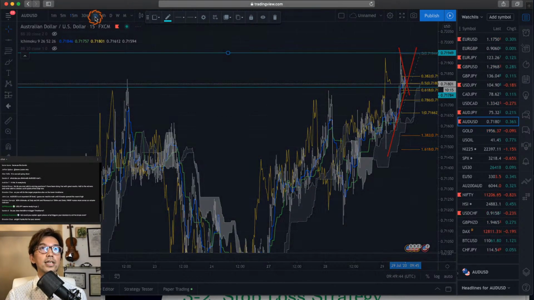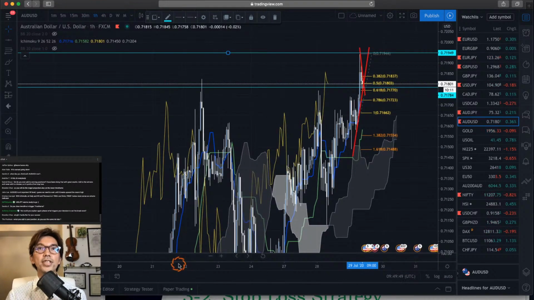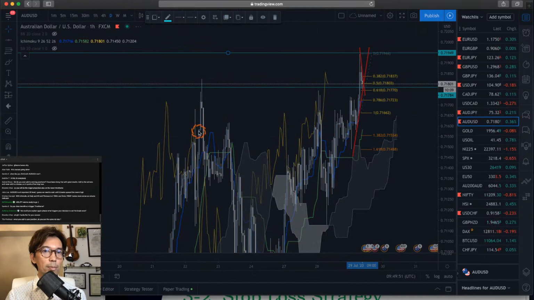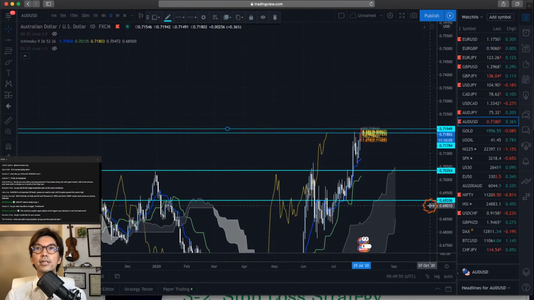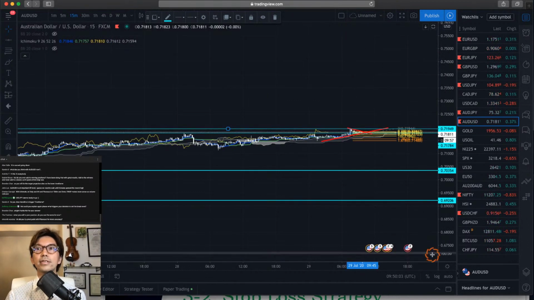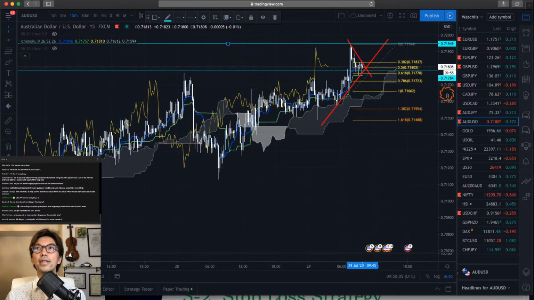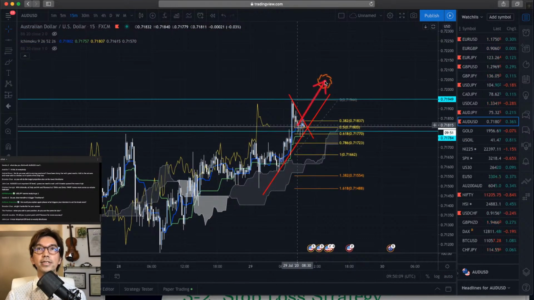But if not, it can extend all the way up. So it looks like there is no recent high in this area in the past. This is a daily chart, but I don't see a recent high in this area. So I think there's still a good chance that the price extends to the upside.